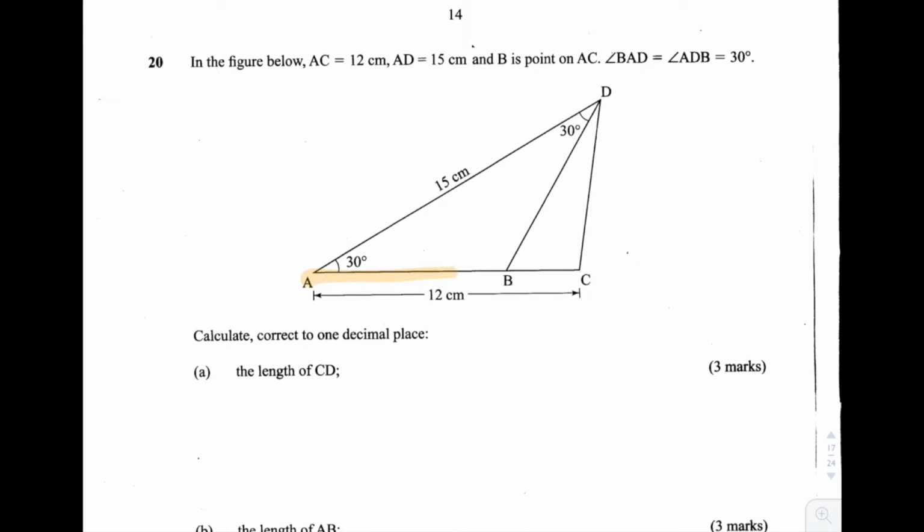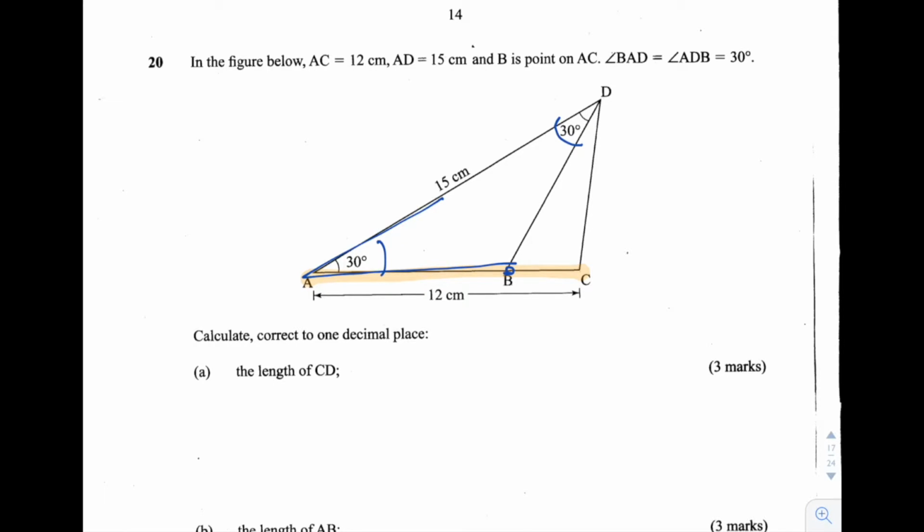So if this is the line AC, this here is B. And we're told that the angle BAD, so that's the angle that goes like this, is 30 degrees, and ADB is also 30 degrees, so this angle here is also 30 degrees.